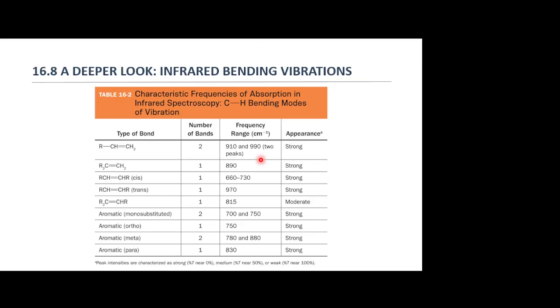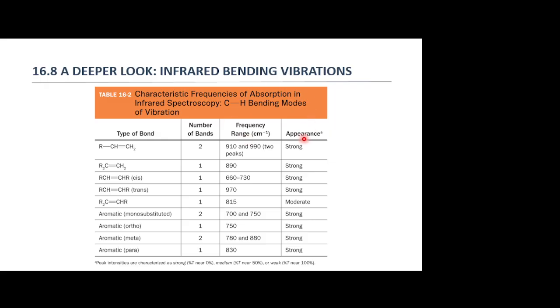Anyways. So this right here is your types of bonds, and this right here is the number of bands you'd see for those bonds, and this has to do with the different types of bending that can happen. Okay. This is your frequency region again. Notice this, for example, has two bands that would show up, so you have two band spots that you'd expect to see.